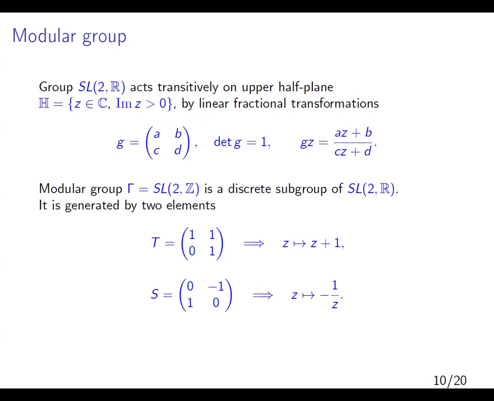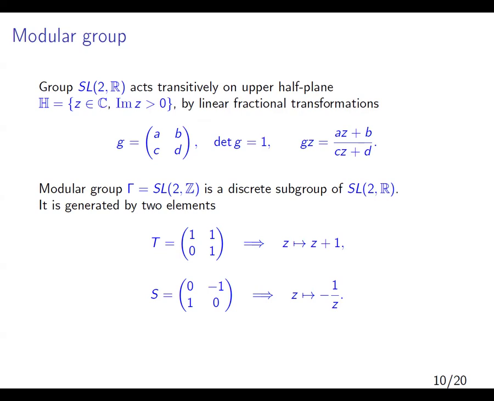The group SL2R of 2x2 real matrices with unit determinant acts on the points of this upper half plane, and it's just like a motion of this upper half plane, conserving the so-called Poincaré metric on it, non-Euclidean geometry.